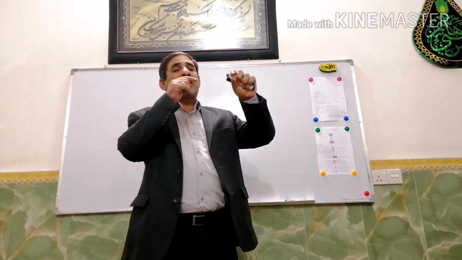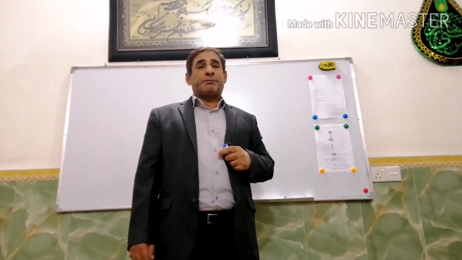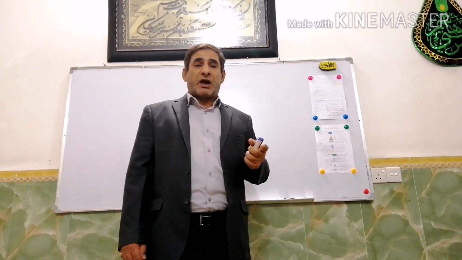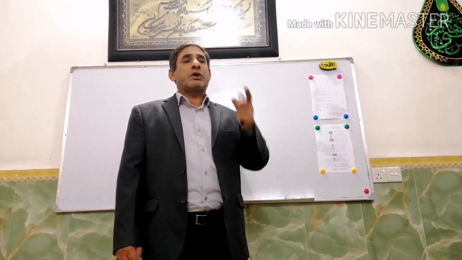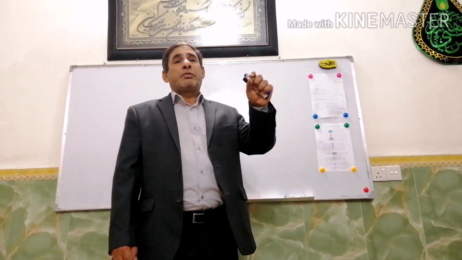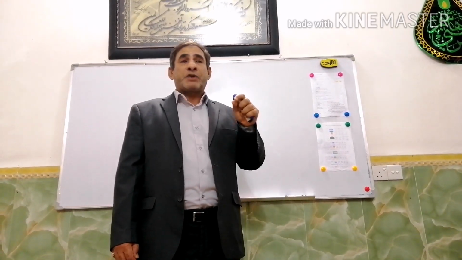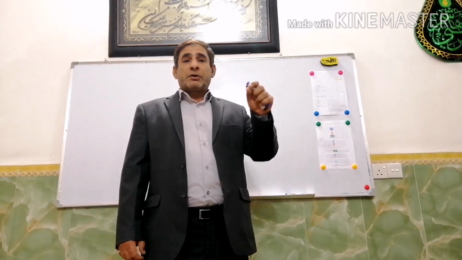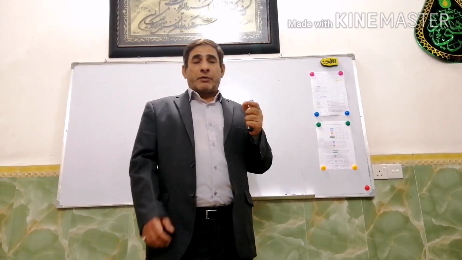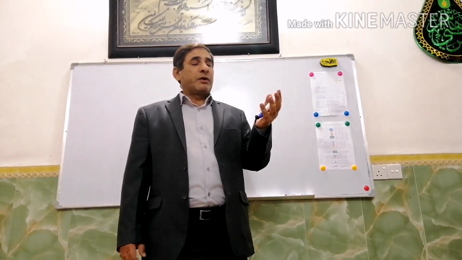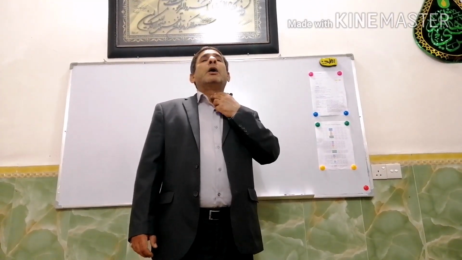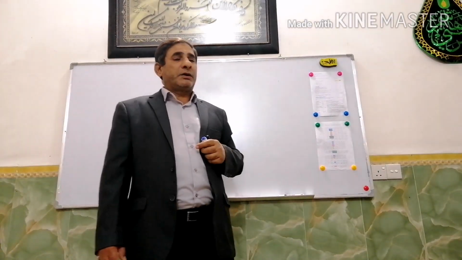And when the breath passes through this narrowing, it passes with friction. There must be a narrowing, and these are also called continuants. And here we have the fricatives in English.